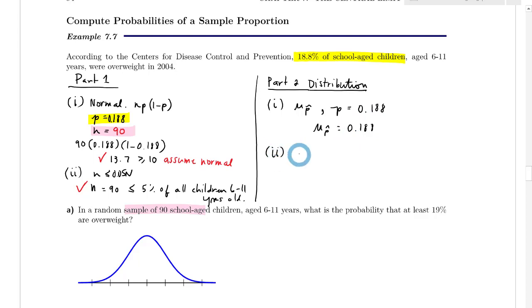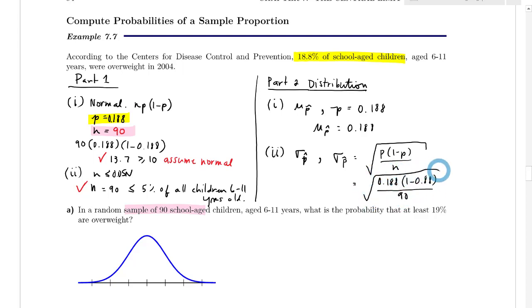The other piece of information is the standard deviation with respect to the sample proportion. That's going to be equal to the square root of p times 1 minus p over n. So in this case, p is 0.188 times 1 minus 0.188 over n, and then we take the square root. I try to leave this as exact as possible even when I enter it in the calculator, but if you did put this in the calculator, you should get something like 0.0412.